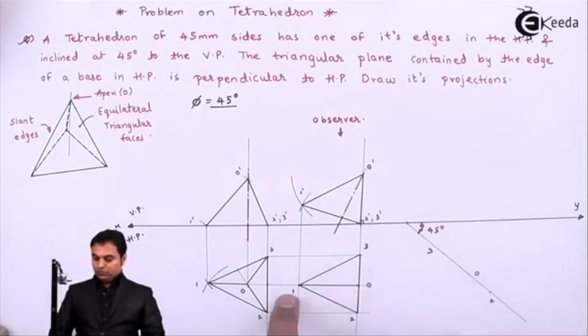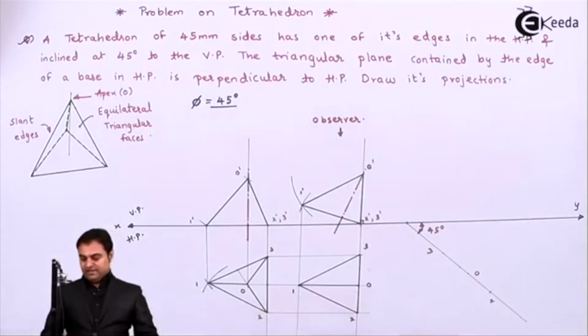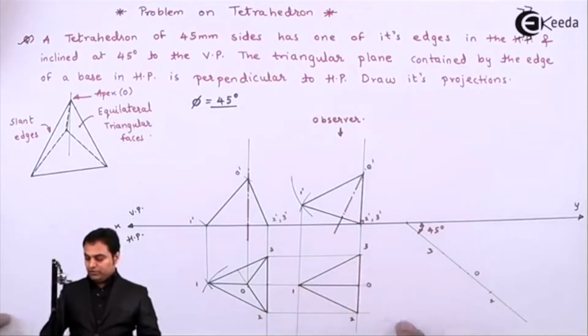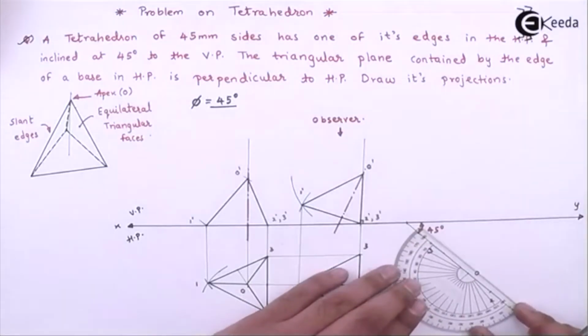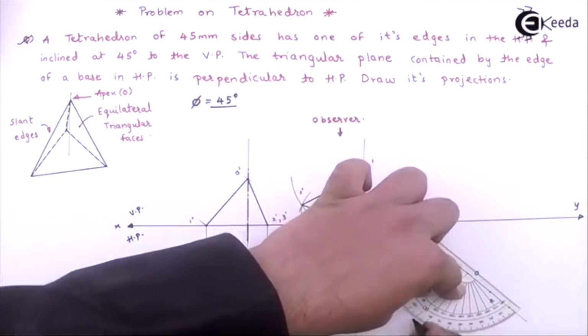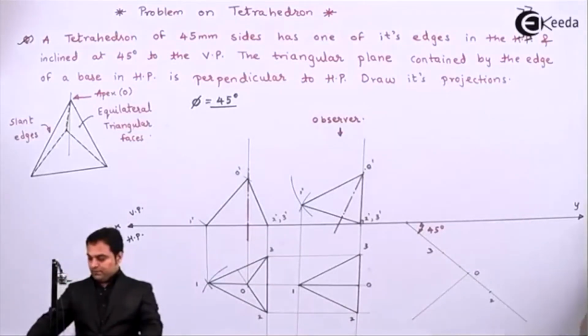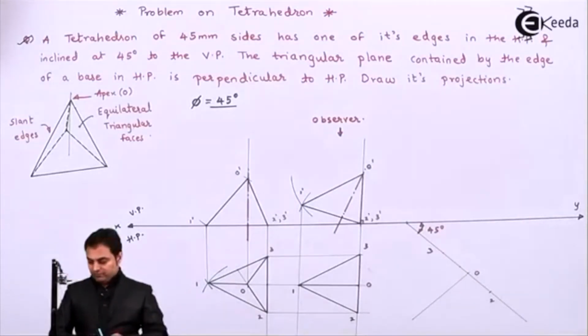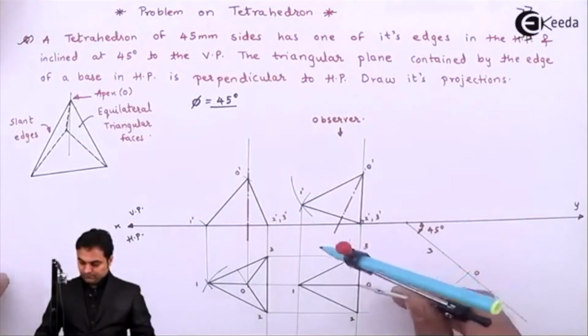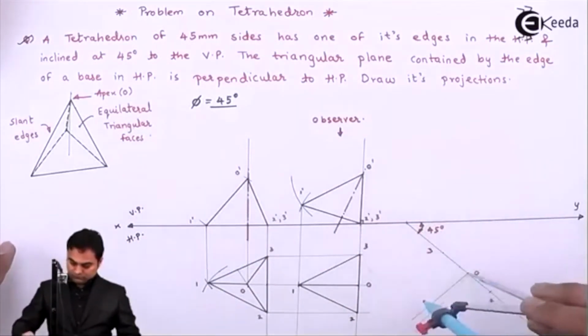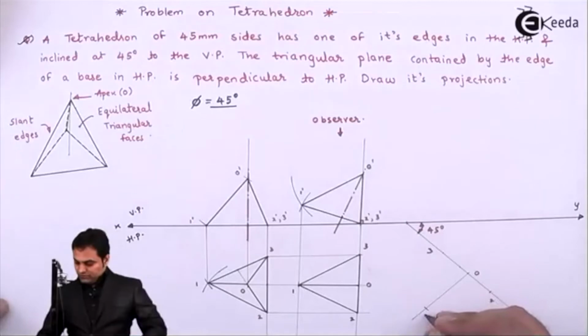Next, O and 1 lie on the same line. This line is perpendicular to 2 to 3. So 2 to 3 is inclined here. I'll make it perpendicular. Drawing a light line. Next, measuring the distance from point O to 1. So here is point 1.